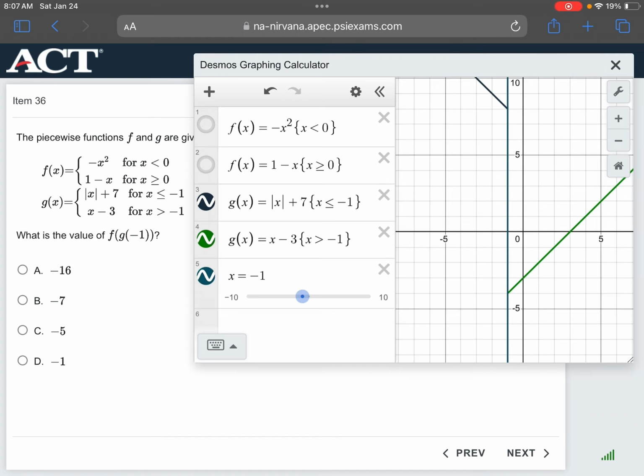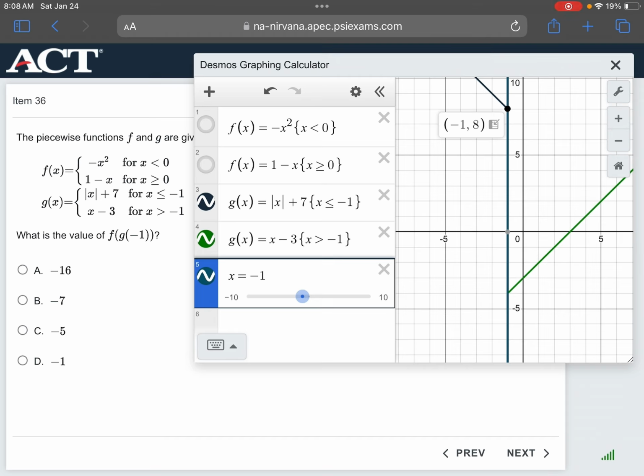Well, the reason is we told Desmos that the green graph only exists for values that are bigger than -1. So -1 isn't included on the green graph. -0.9999999 would be, but -1 is not. So Desmos is telling us that we can't use that green graph to evaluate g of -1 because you restricted the domain.